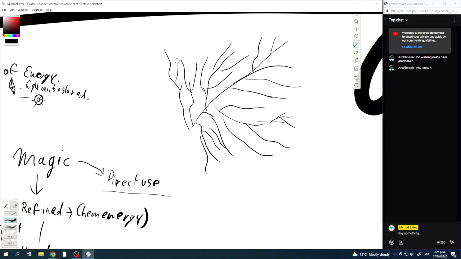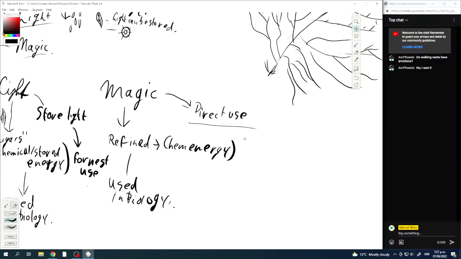And they basically act as filters which capture any magic that they fan through, and then bring it inwards towards a magic organ of the walking nest, whatever that might look like, where it can then use it for direct purposes.